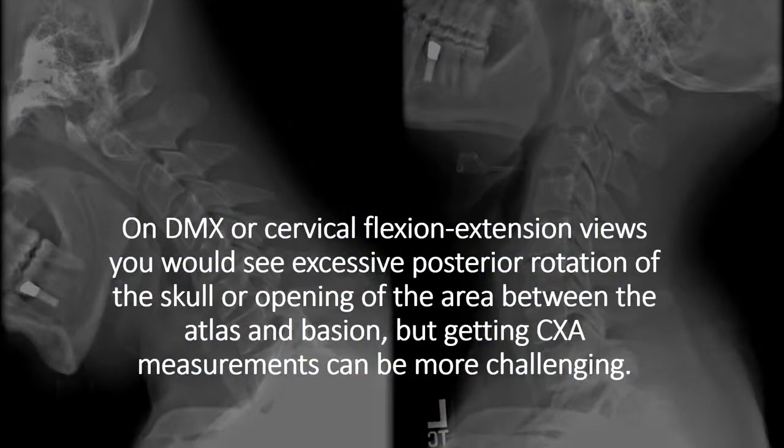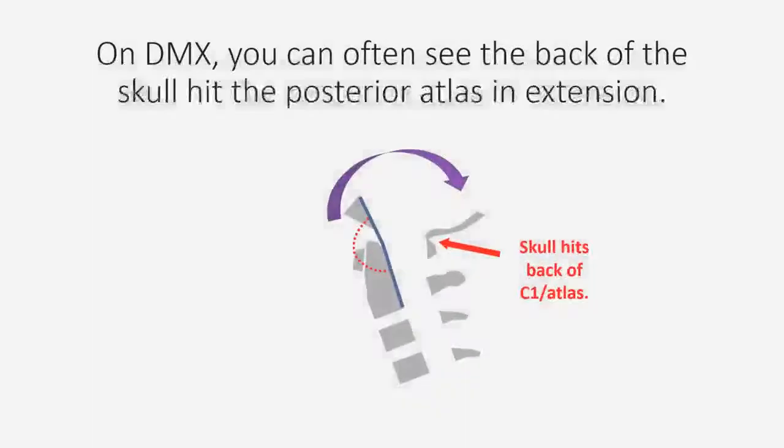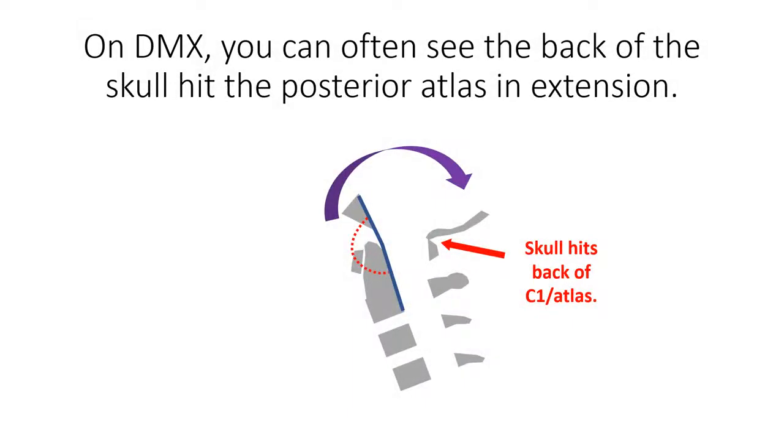Now in DMX, or cervical flexion extension views, you're going to see excessive posterior rotation of the skull or opening of the area between the atlas and the basion. But getting CXA measurements from these is going to be more challenging. One of the things you can see on DMX, which is certainly a hint that type 1B CCI may be going on, is that the skull often hits the back of the C1 atlas area.